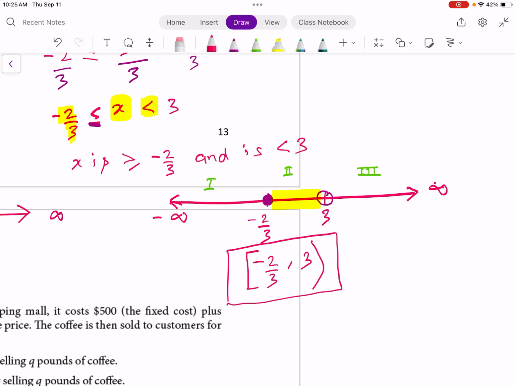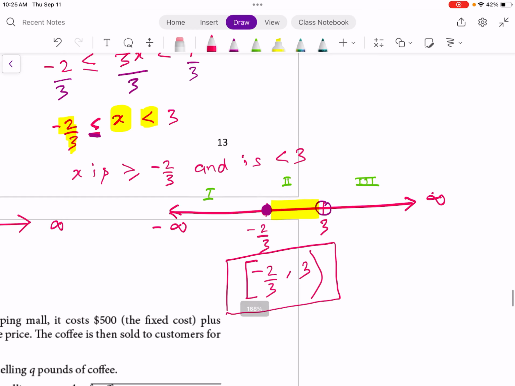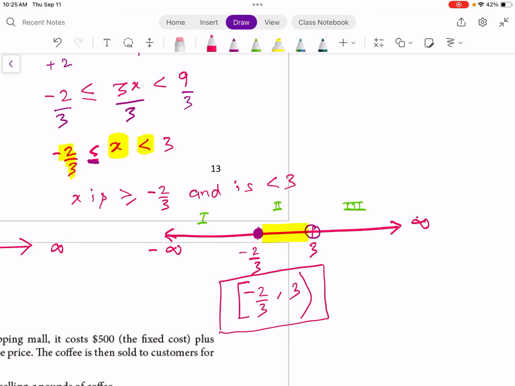So every number greater than or equals to negative 2 over 3 and less than 3 is a solution for this inequality. Any questions? This is one way to solve this inequality.